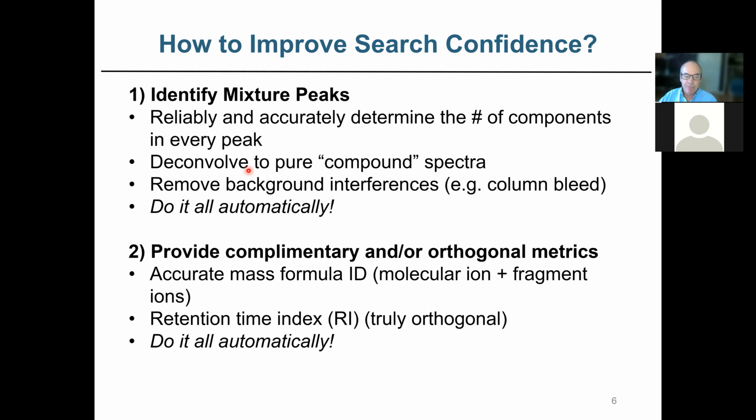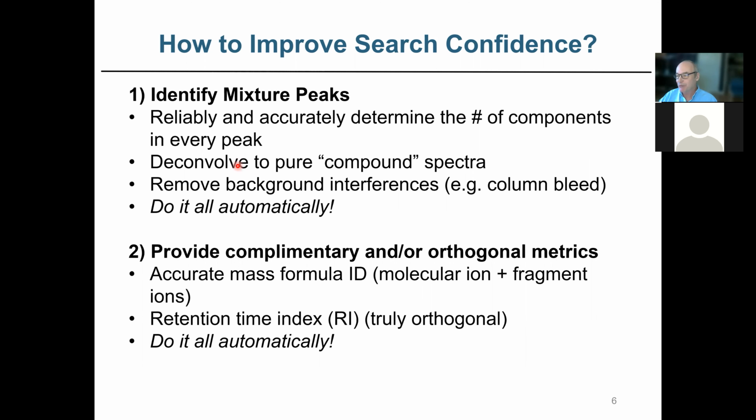It's actually a two-step process. The first thing we do is use something called principal components analysis, which is a statistical method of looking at a set of data, i.e. the spectra across a peak. By looking at each spectrum, it enables us to determine for a given peak if there's one or more components.